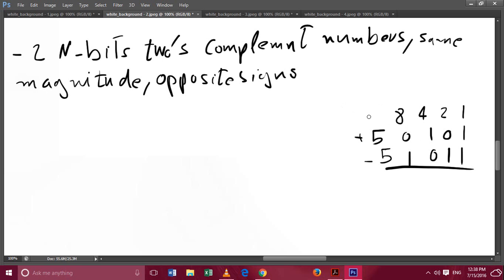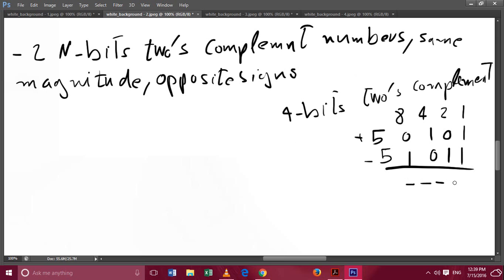So let's add them up. According to the previous rules, 1 plus 1 equals... Now, before I start, since we are using a 4-bit two's complement binary system, any value beyond these 4 bits does not count. Why? Because we're using a 4-bit two's complement binary system.